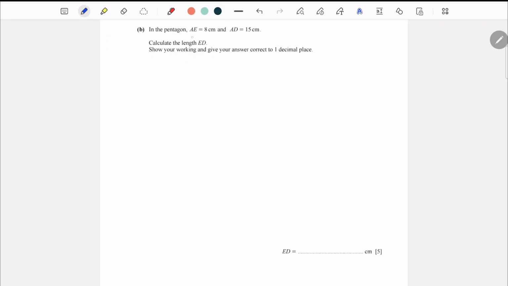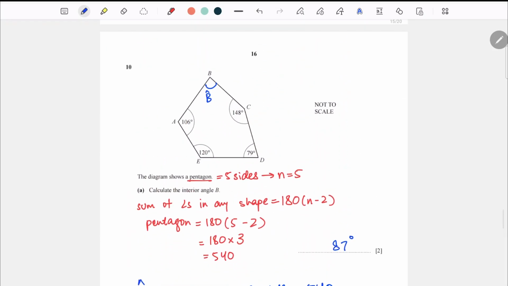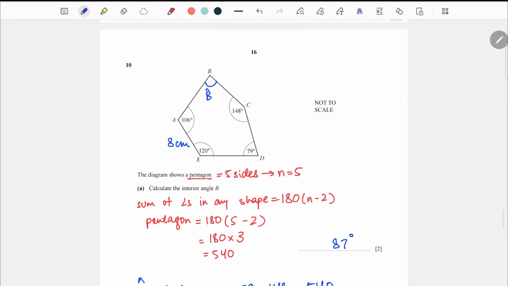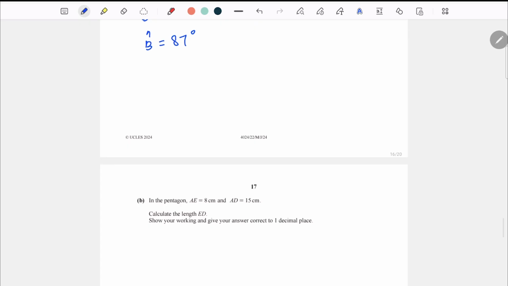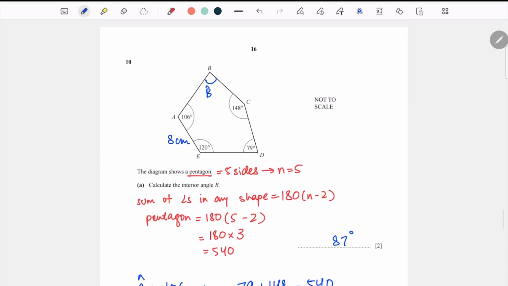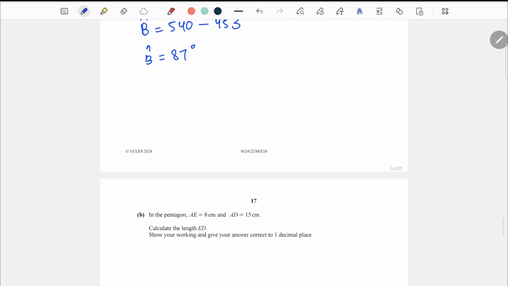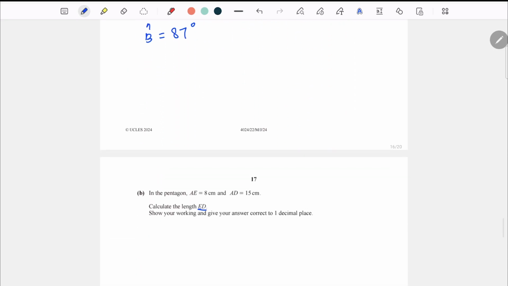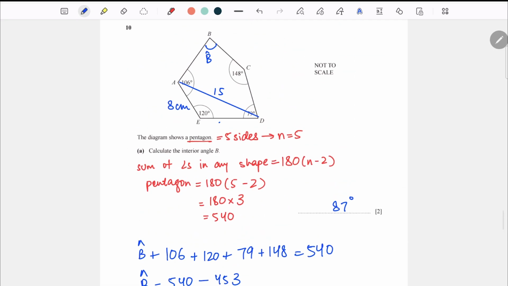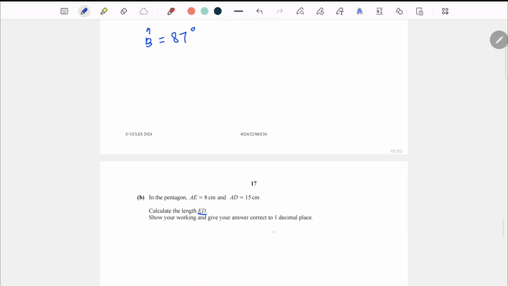Part B, in the pentagon, AE is equal to 8 centimeters and AD is equal to 15. So this line is 15. Calculate the length ED. We have to calculate this length, which I'm writing as X. Show your working and give your answer.